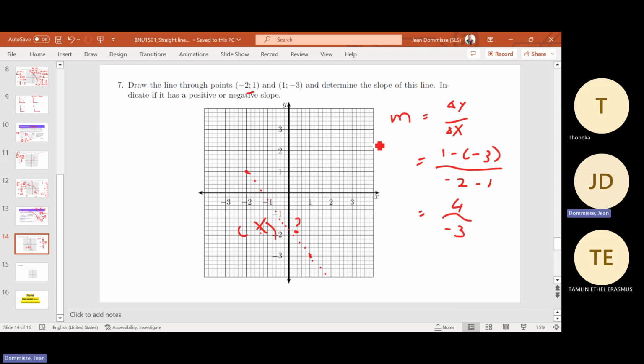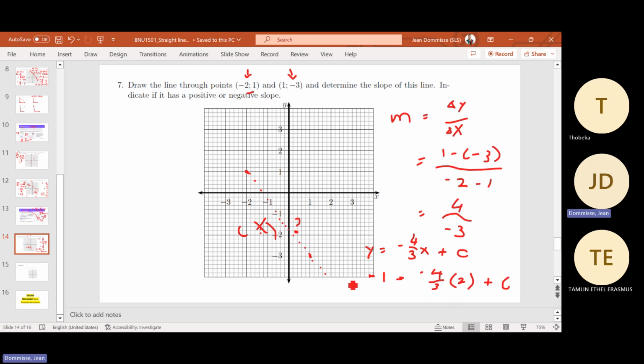Okay, so then we have a slope. Then by using that slope, we can calculate what C is. So let's put in this point. We've got 1 is equal to -4 over 3 times -2 plus C.